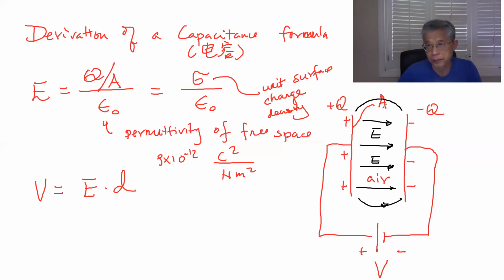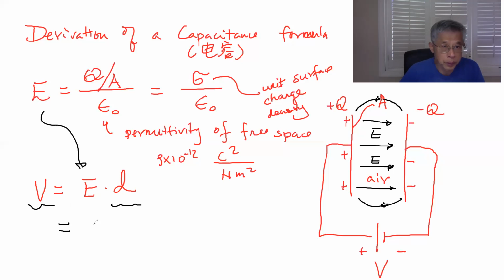It's going to look like that. But normally we just deal with this in the middle. And so this formula is useful for us to start. So this is equal to, we can put this one into here. So that's equal to Q divided by A epsilon 0 times D.